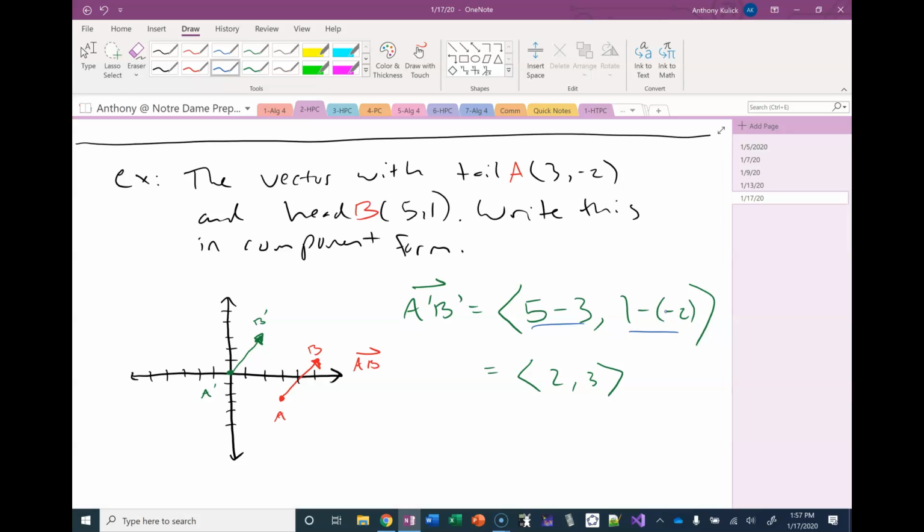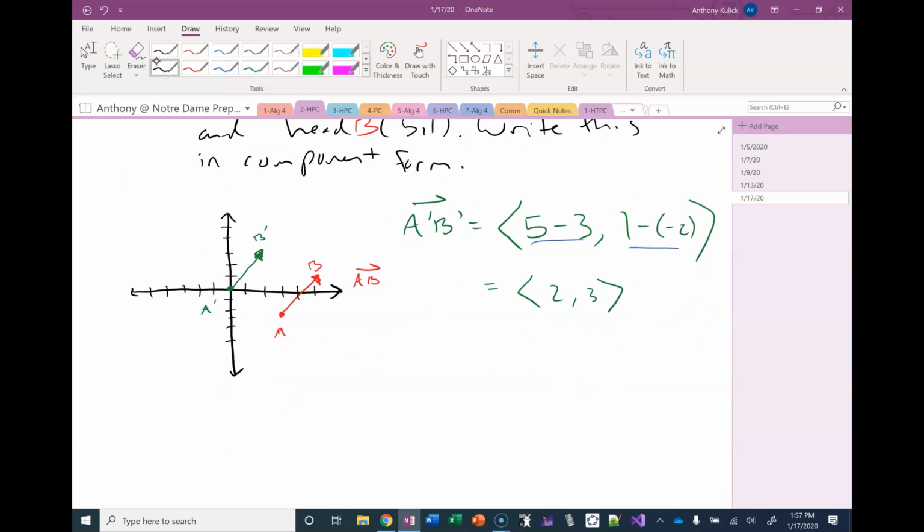We just took the head of our vector and we subtracted the tail of our vector from it, right? Did you guys see that? So we give this a name. We call this the head minus tail rule. I'm going to abbreviate that as HMT.